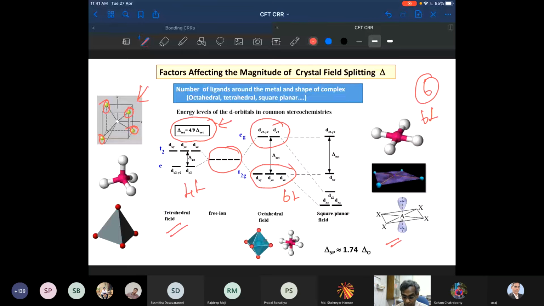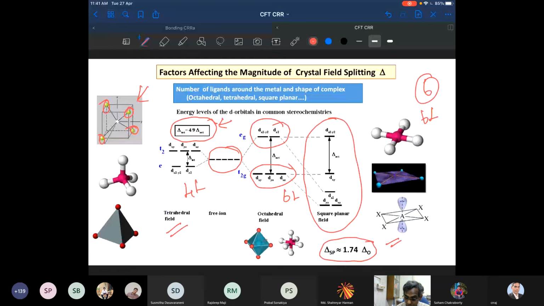On the other hand, when you go to the square planar geometry, the value is very high. I will explain how I get this: delta SP is almost equal to 1.74 del O. Later, when I talk about square planar and Jahn-Teller distortion, I will explain.